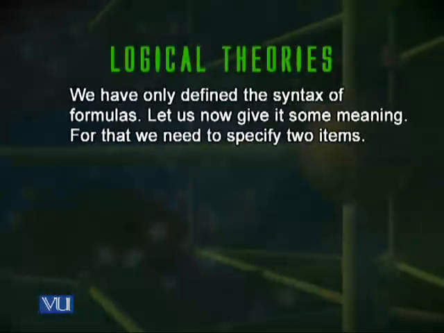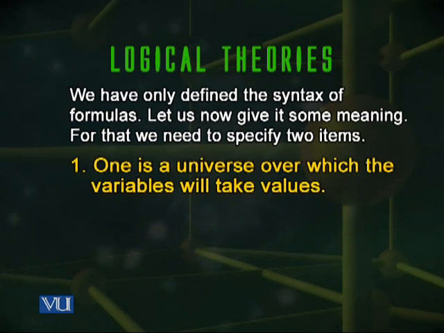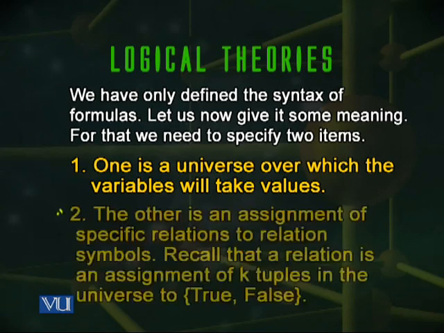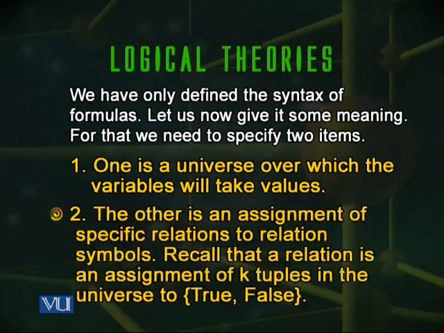Let us now specify the two items that are needed to give meaning to these formulas. One is the universe over which the variables will take values. The other is assignment of specific relations to relation symbols. Recall that a relation is an assignment of k-tuples in the universe to the set true, false.